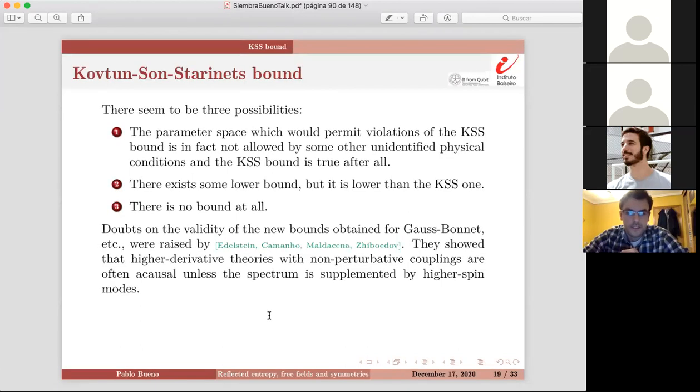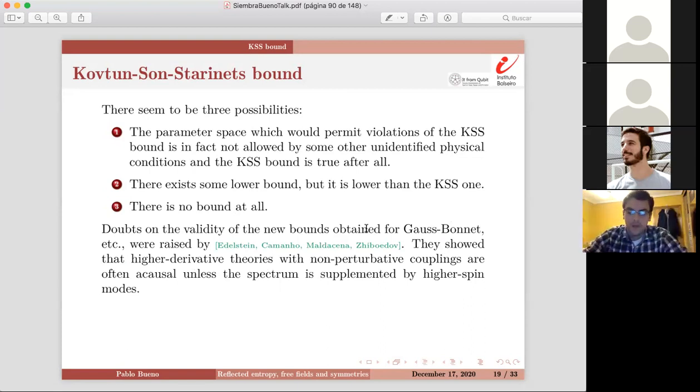And the point is that they show, Edelstein, Camaño, Maldacena, and Sibodedov, that higher derivative gravities, if you consider them with non-perturbative couplings, in other words, not as perturbative corrections to Einstein gravity, but with finite values of the couplings, then, at least in the case of Gauss-Bonnet, but probably in general, or for most of them, you get problems with causality unless you include in the spectrum additional modes.